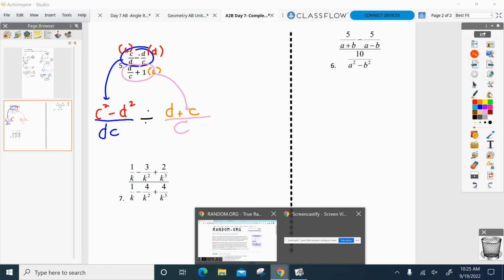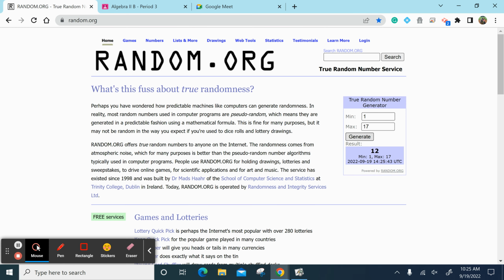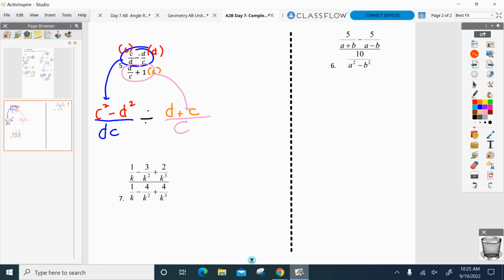C squared minus D squared. Come on now. I've been training beast here for the last 2 weeks. C minus D and C plus D. I knew it. Change the division to multiplication. Flip.